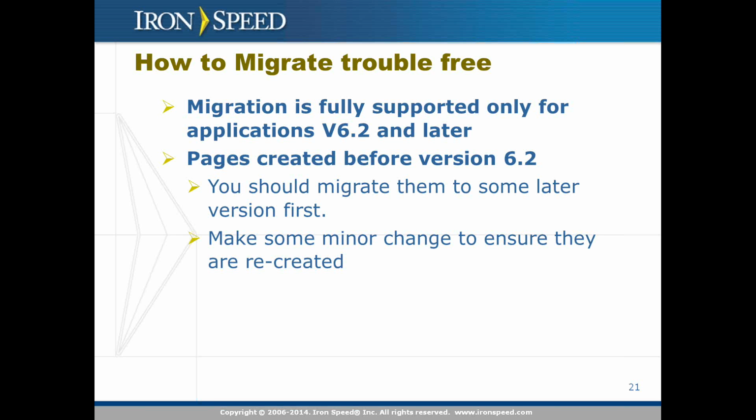Because in most of our earlier releases, it's not the case now, we changed that, but before we tried not to touch the page if you didn't touch it. So for example, you have an old page created in version 6, and you never touched it at all. You migrate your application to 7, to 8, to 9, but you never touched the page itself. Well, this page would be preserved as it is, and now you won't be able to migrate it.